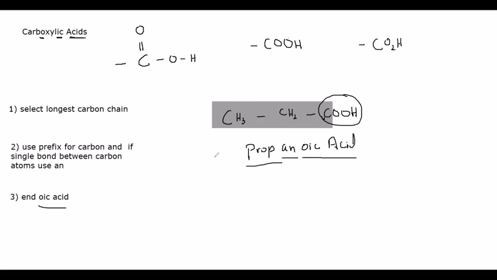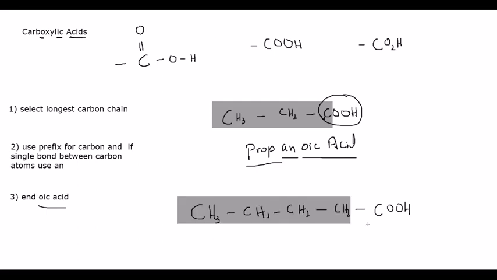And another example, if I say CH3, CH2, CH2, CH2, COOH. Select the longest carbon chain. So how many carbon are there in the chain? So 1, 2, 3, 4, 5. So for 5, we will use pent.